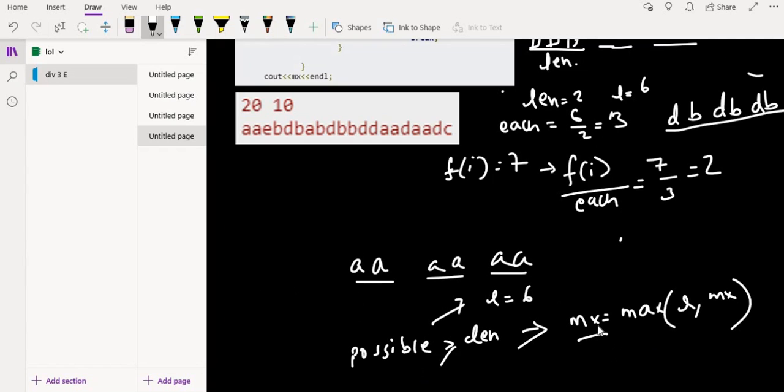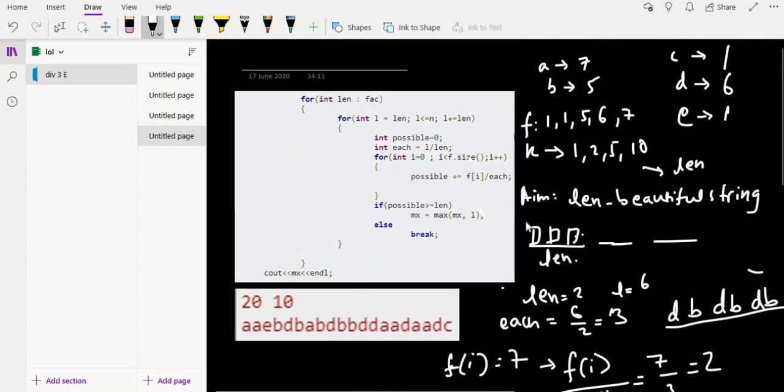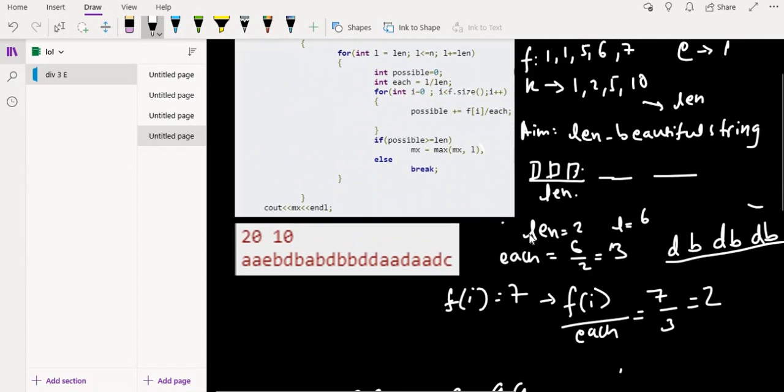To explain more clearly how this possible variable is updating, let me show you with this example. Over here I have my frequency array as 1, 1, 5, 6 and 7. Now if suppose I take the same case, len equals 2 and L equals 6, I have each equals 3.